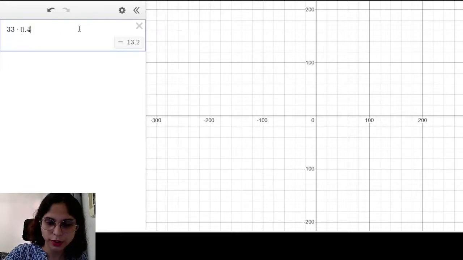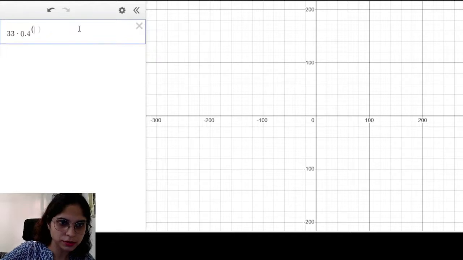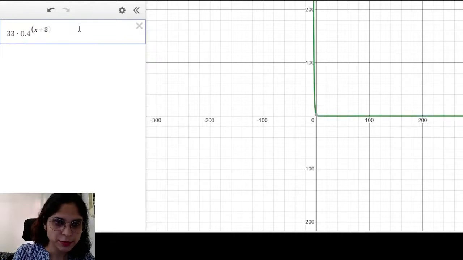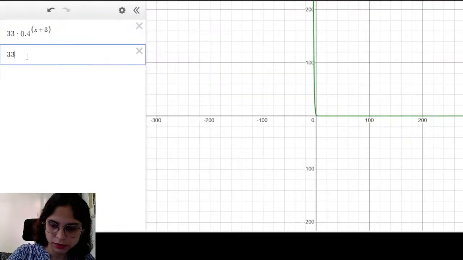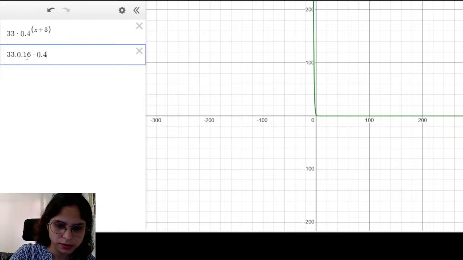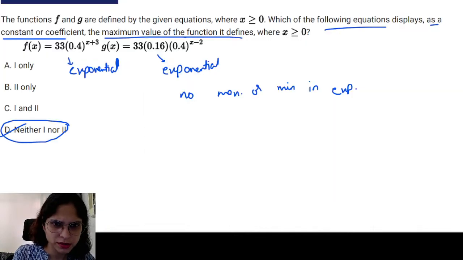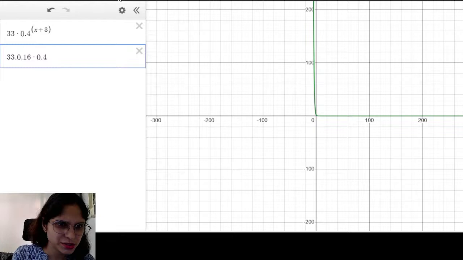33 times 0.4 to the power x plus 3, that was my f of x. And 33 times 0.16 times 0.4 to the power x minus 2.